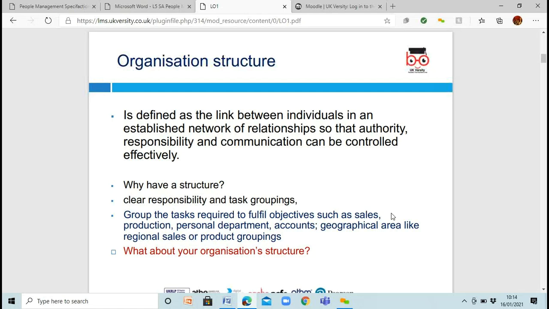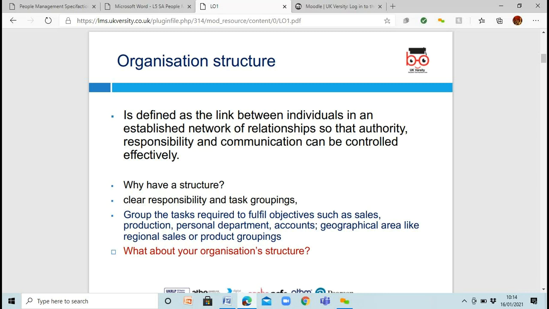So organization structure. Organization is defined as the link between individuals in an established network of relationships so that authority, responsibility and communication can be controlled. But why have a structure?